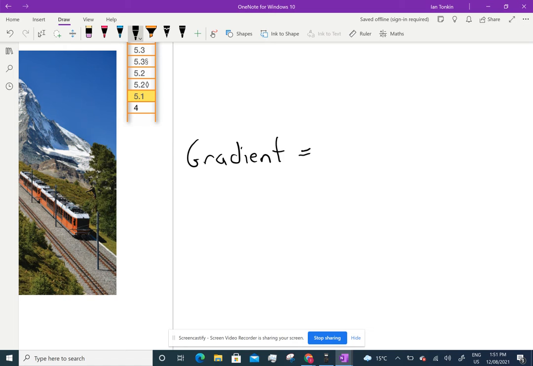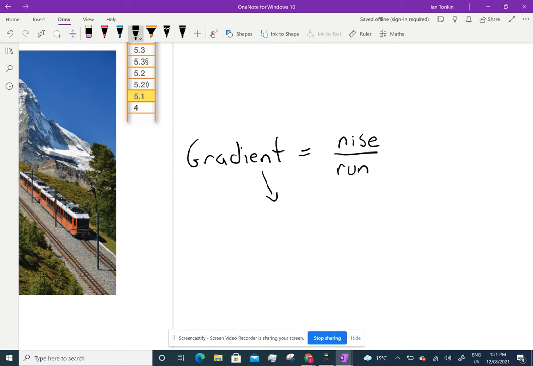That's quite steep. So gradient, we calculate, is the rise, how high it goes, and it can go up and go down.